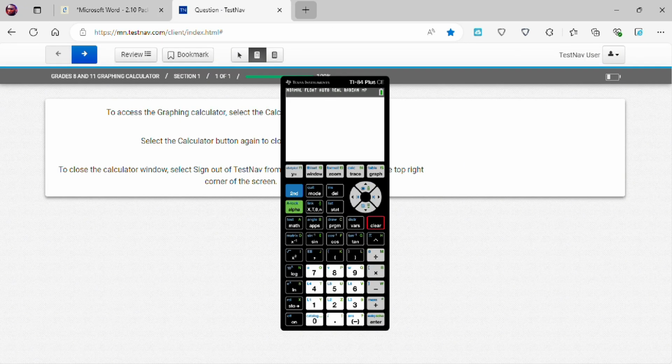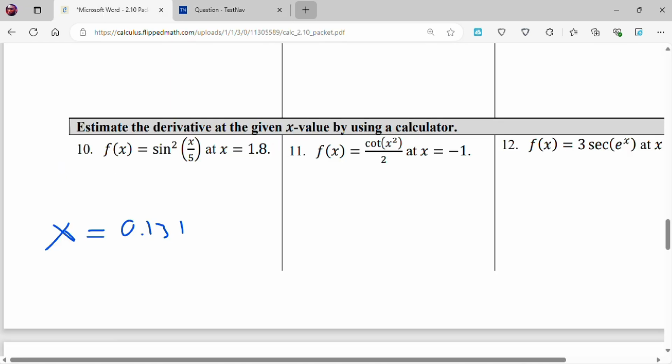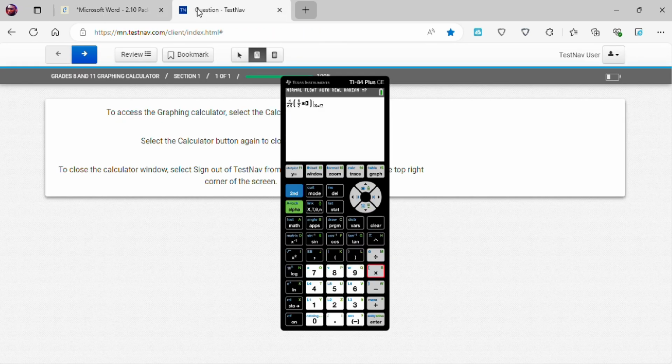So first, obviously, we have to do math 8. Then write the constant first, so 1 over 2. Then you multiply by cotangent x squared. I don't see a cotangent button on my calculator, so I know I have to write it in terms of sine, cosine, or tangent.